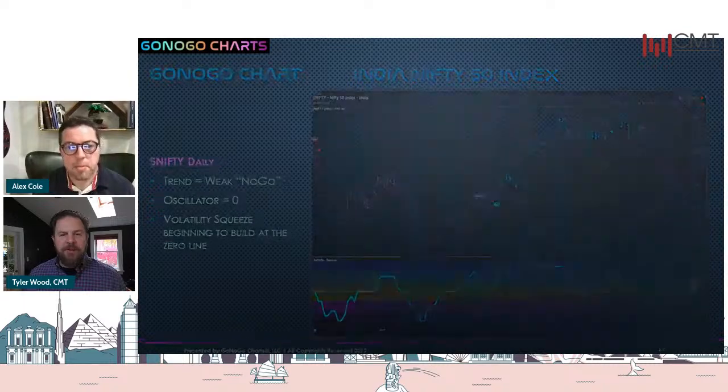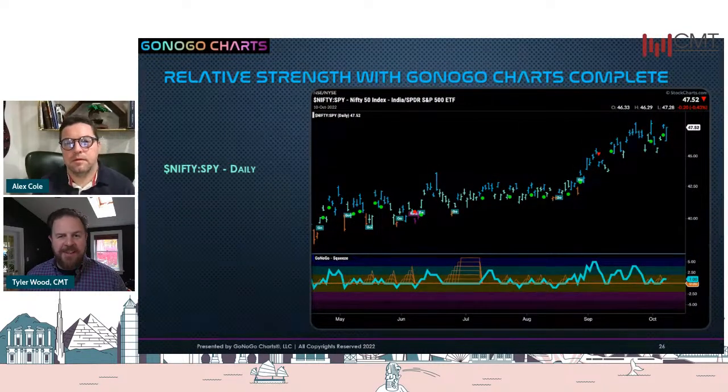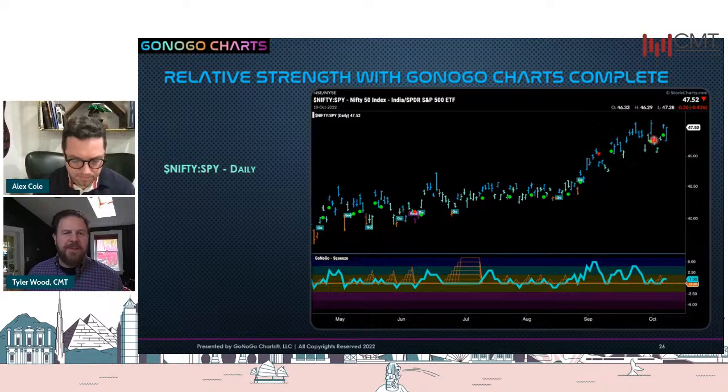Now, we've been talking about relative strength and beating the benchmark. And for all of my American compadres, we should be investing in the Nifty, not in the spiders or the S&P 500. Look at this relative outperformance of the Nifty 50 against the S&P 500. And this continual support at zero as this trend continued higher.